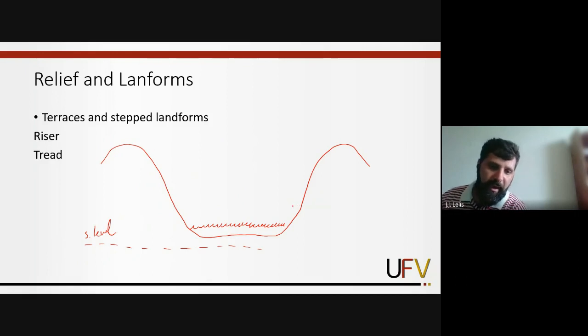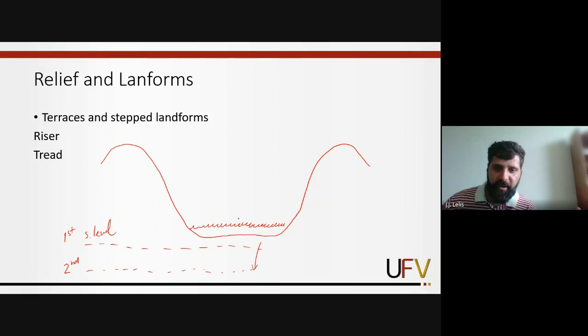But if you have a climatic change, or a tectonic change, and the sea level decreases and reaches a new level, so it's the first sea level, and now it's the second, something like 100 or 50 meters below the first level.